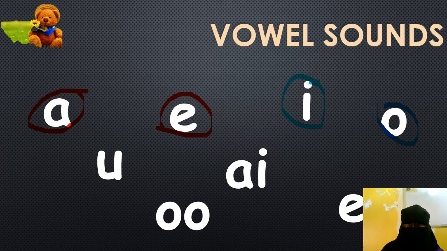Let's say together. Can you see that? The next one, ah. Let's say together. The next one, ooh. Let's say together. And the last one, e. Let's say together. Mashallah. These are examples of our vowel sounds. We will learn the rest as we move on with our class.